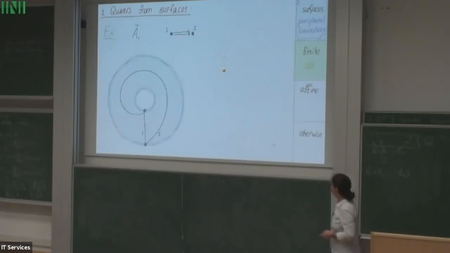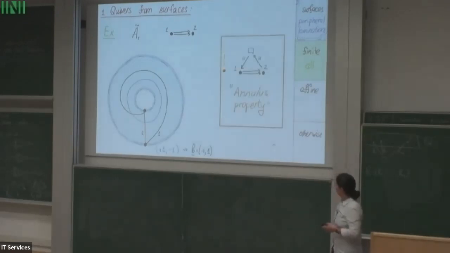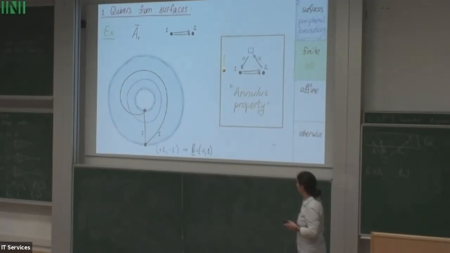Let me try some example of that. So here is affine A1 with two arcs on the annulus. What will be the vector? There is just one peripheral lamination, because I am unable to draw anything else.